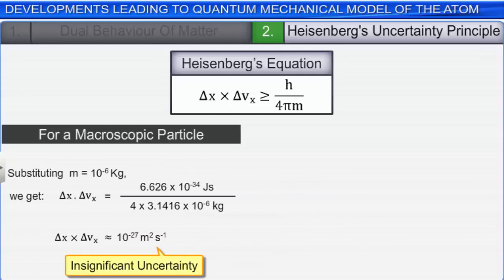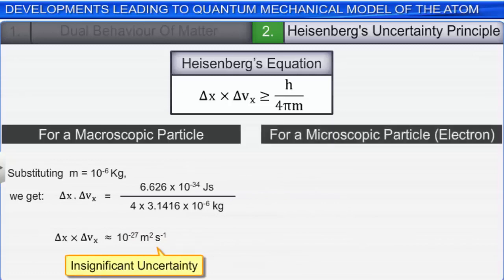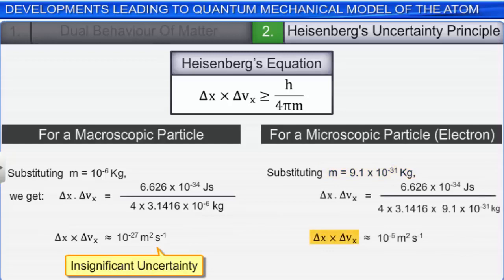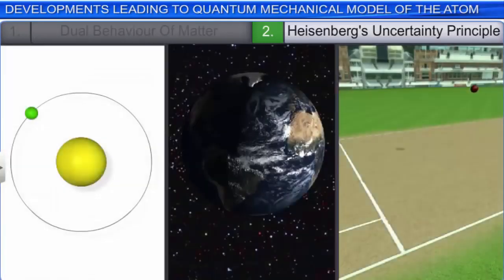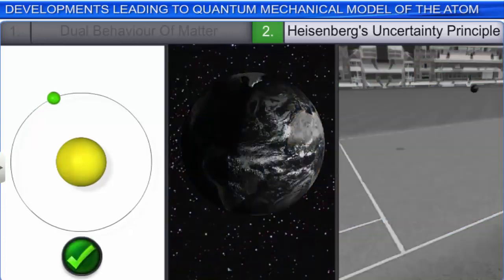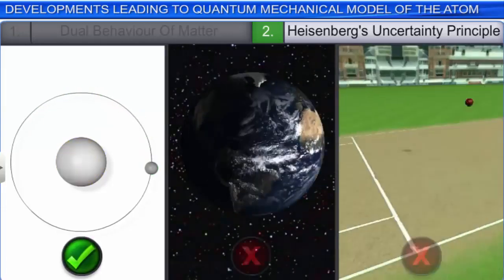On applying this uncertainty principle to a microscopic particle, like an electron having mass equal to 9.1 multiplied by 10 to the power minus 31 kg, we find that the product of delta v and delta x is significant enough and therefore cannot be ignored. Hence, we see that Heisenberg's uncertainty principle holds significance only for the motion of microscopic particles and not for macroscopic objects.